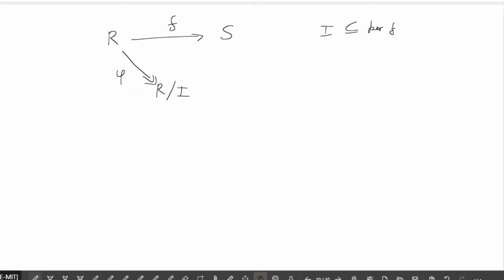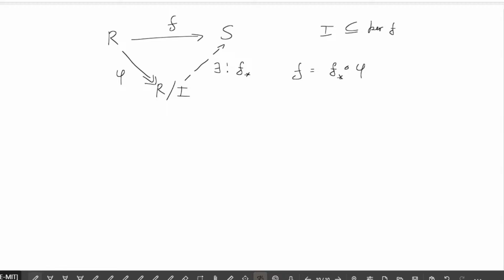Then you have a ring homomorphism f star from R mod I to S such that this commutes, such that f is equal to f star after pi.